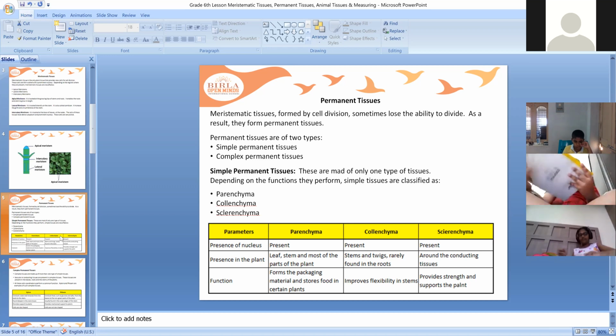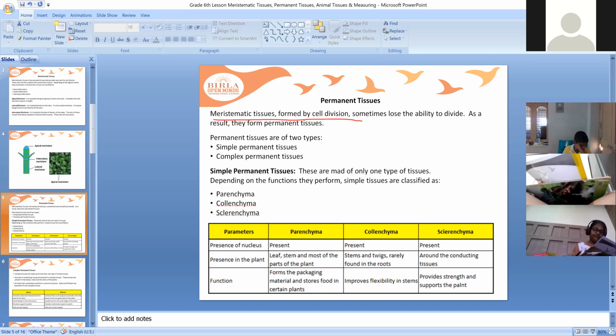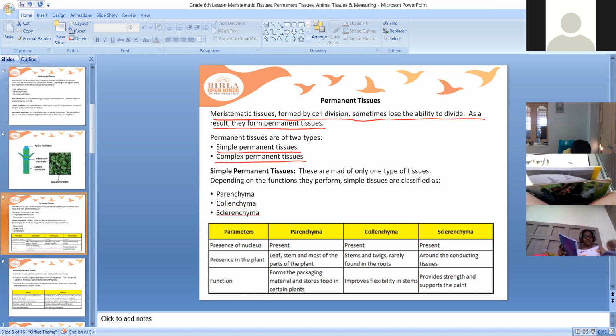Please underline this in your course book. Meristematic tissues are formed by cell division. Sometimes they lose the ability to divide. As a result, they form permanent tissues. Permanent tissues are of two types, simple permanent tissue and complex permanent tissue.